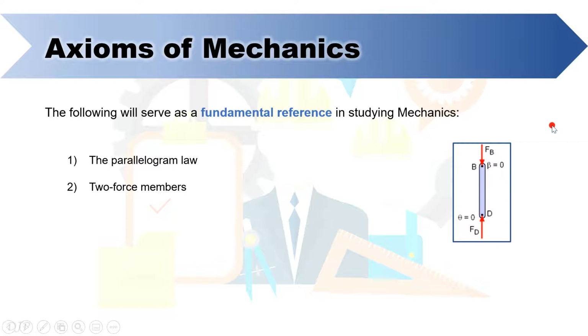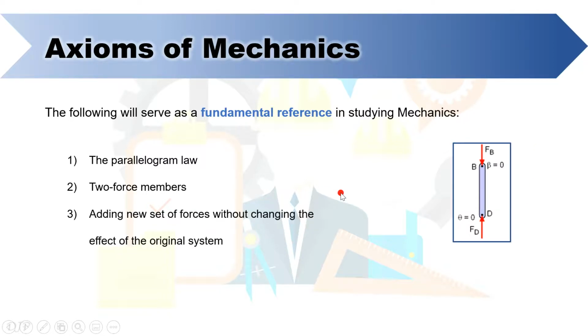For this figure, since the two forces are already collinear and oppositely directed, the body can be said to be a two-force member as long as the magnitude of force F sub B is equal to the magnitude of force F sub D. So that is the concept of two-force members.